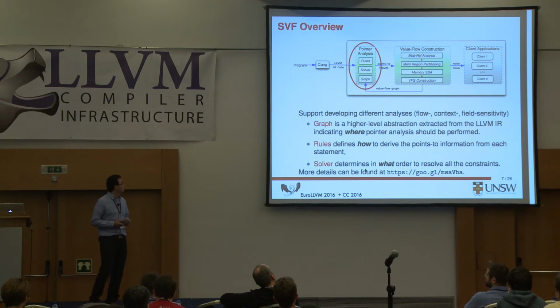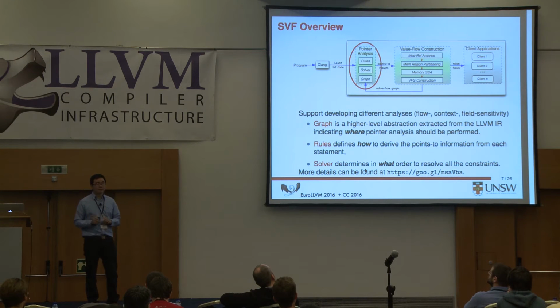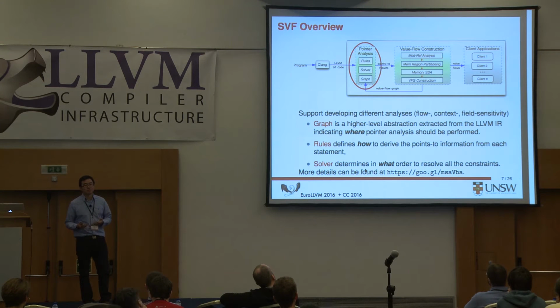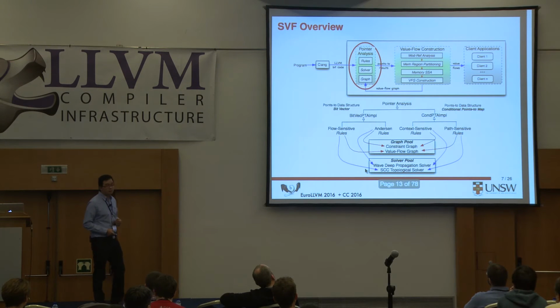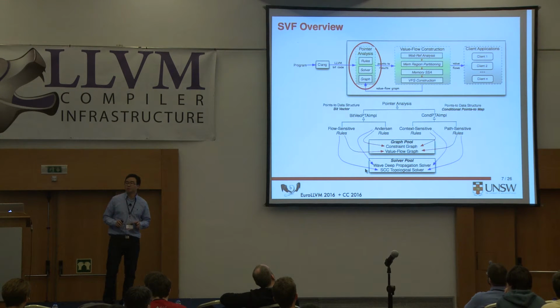And rules define how to derive the points-to information from each statement. And the solver defines in what order those constraints or statements should be processed. So with these loosely connected components, we can easily assemble a pointer analysis by using different combinations, right?